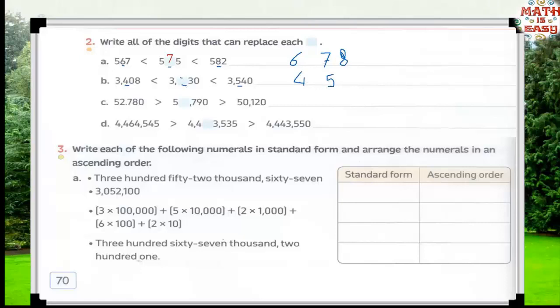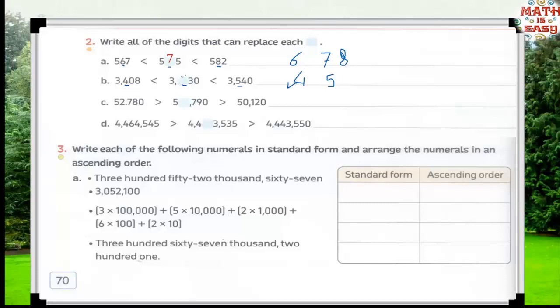Write 4 first. If we write here 4, it will be 430. 430 is less than 540, yes, because 4 is less than 5. 430 is more than 408, yes, because 30 is more than 8, but 4 equals 4. So if we write 4, your answer is right. After that, try to put 5.